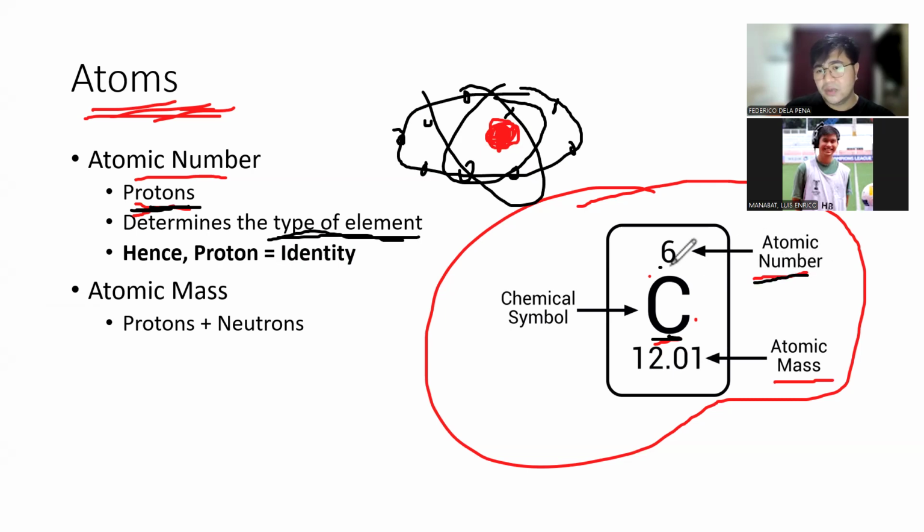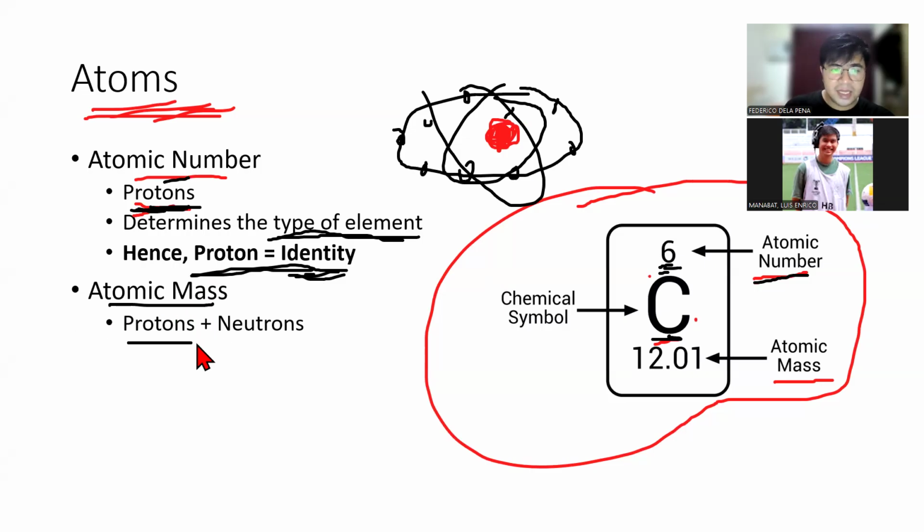Once you change the atomic number, this element will shift into another type of element. Therefore, atomic number or the number of protons serve as the proxy for the identity of the atom or element.